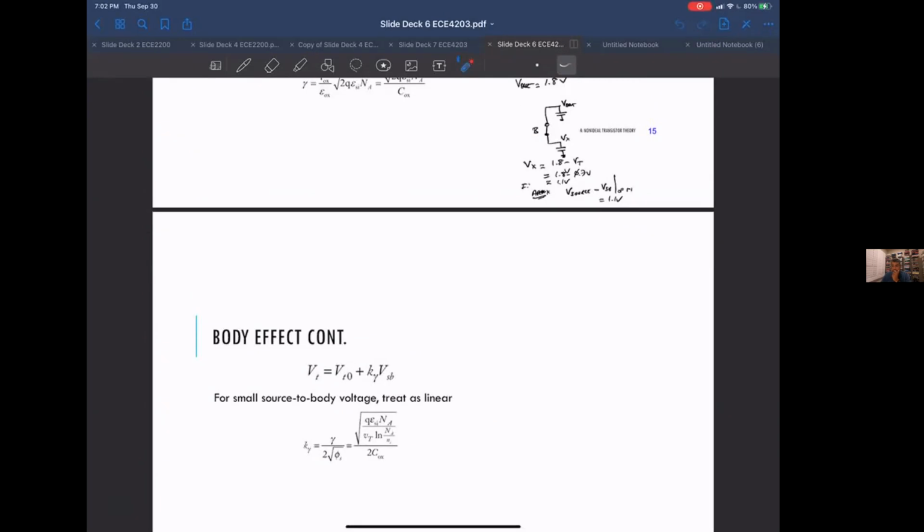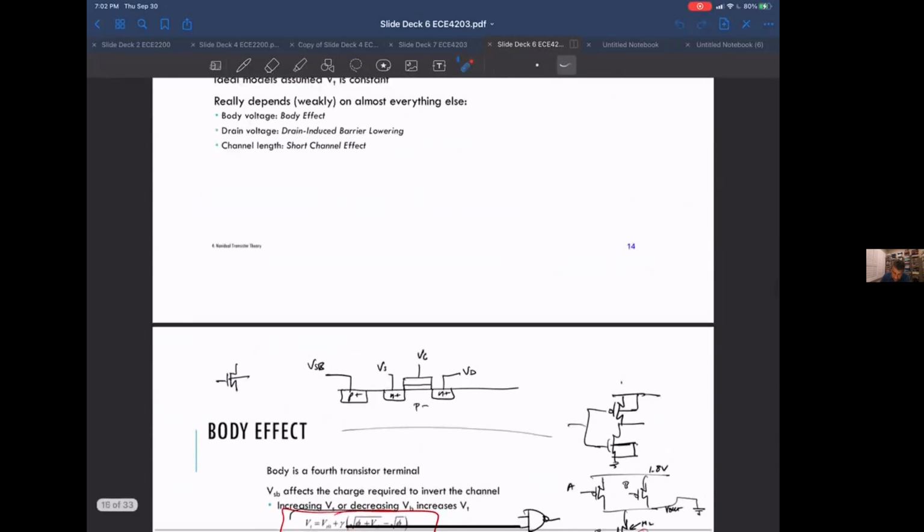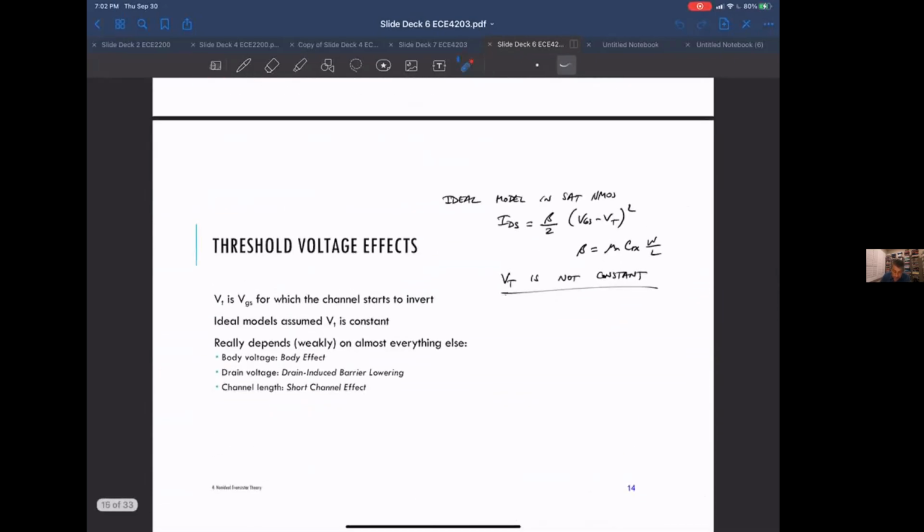So we talked about the body effect, right? Body effect. Okay, so, sorry, trying to get back to it. We're still talking about the second order effects.